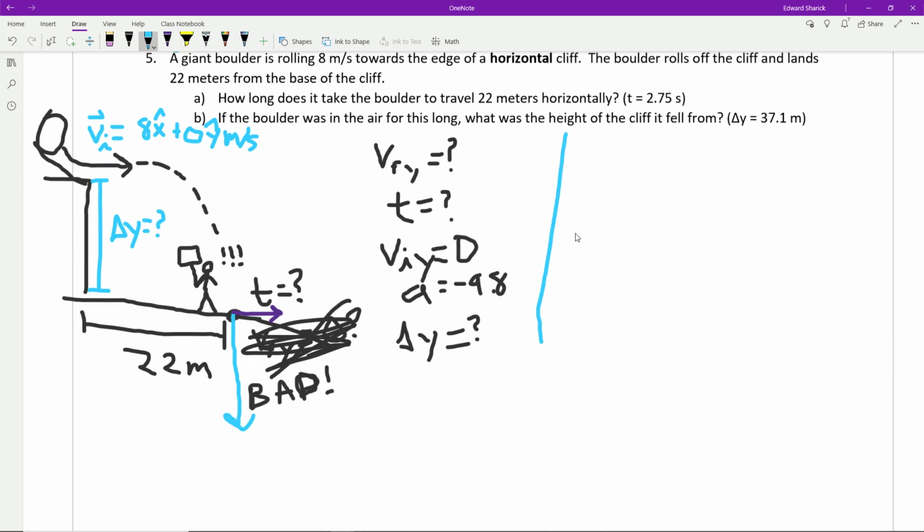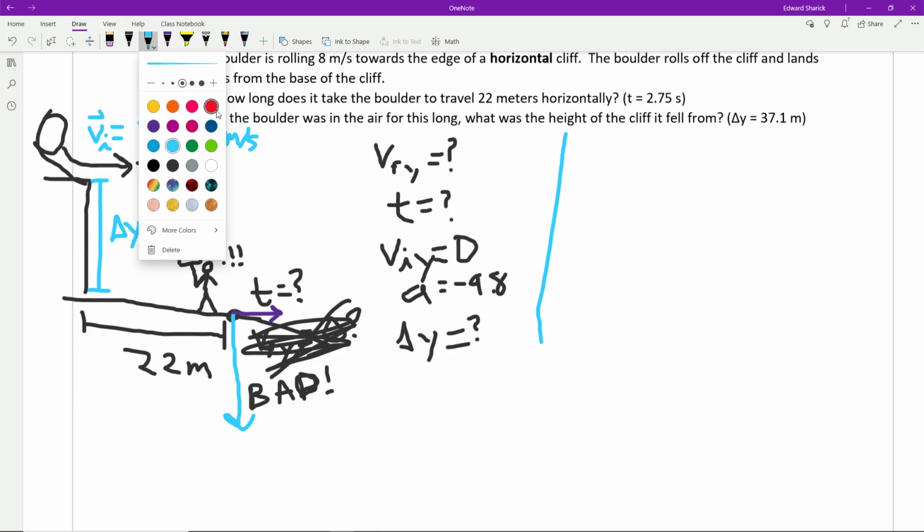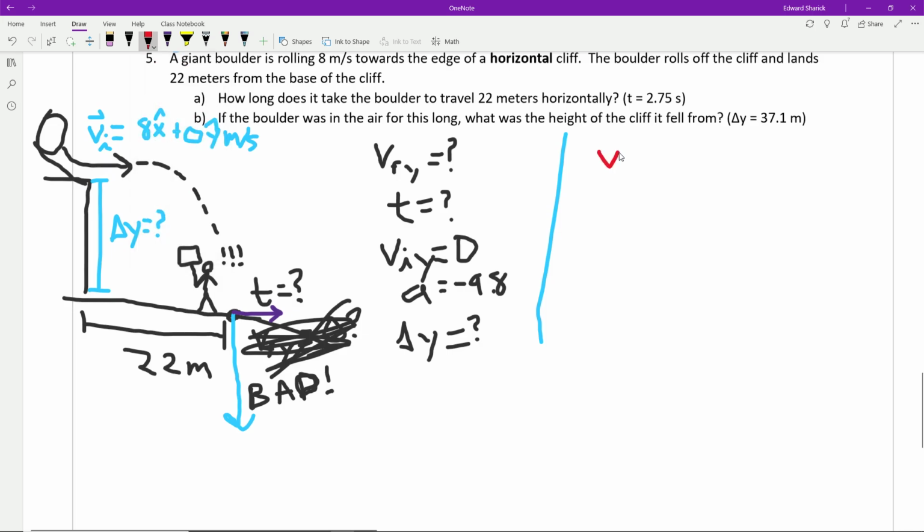The x direction is always very simple. It follows one equation, and that is Vx equals delta x over t. Always, always, always. This is your x direction equation. And again, this goes back down to the fact that we're assuming no air resistance, so no x direction acceleration. So what is Vx?